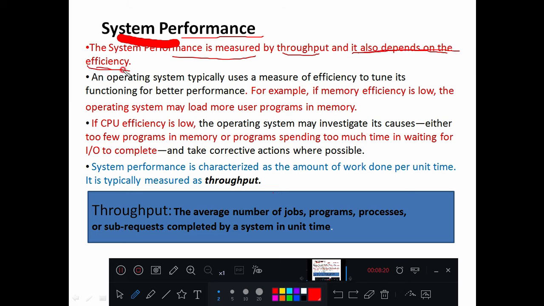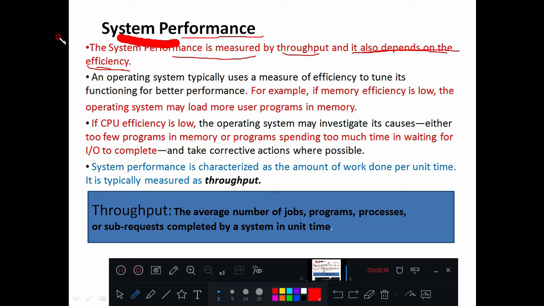If efficiency is less, then I can say directly that throughput is less. If I cannot fetch more data from memory in less time, then I can say memory efficiency is less, as well as the throughput.